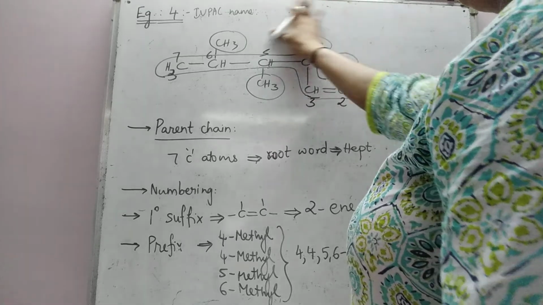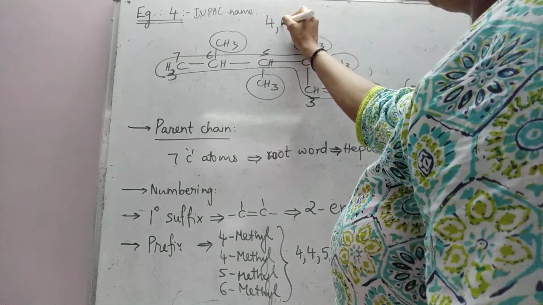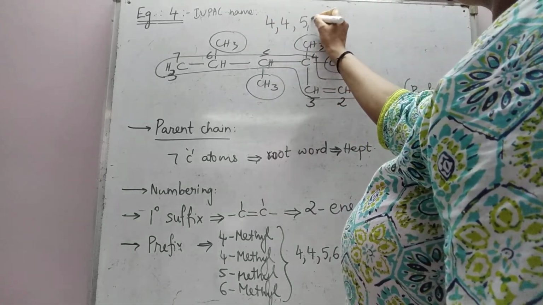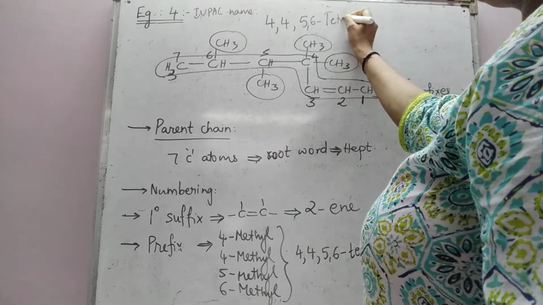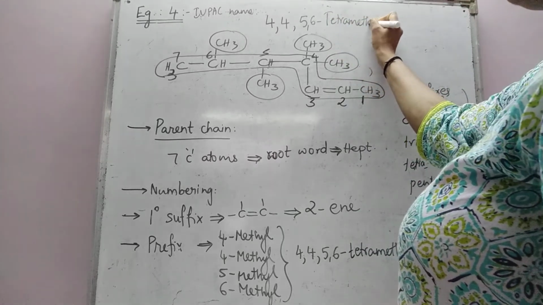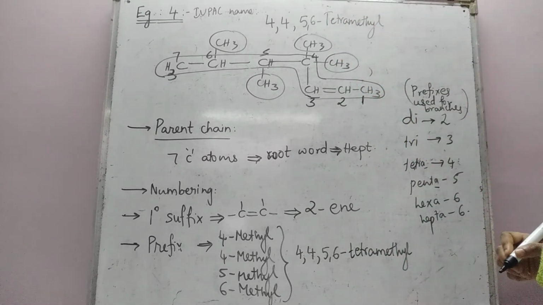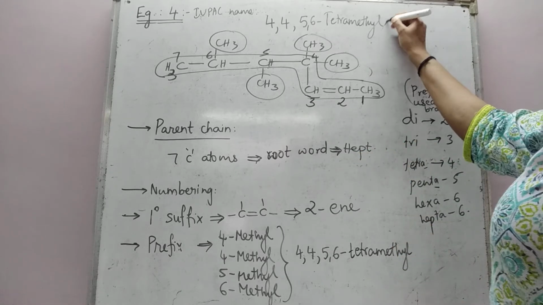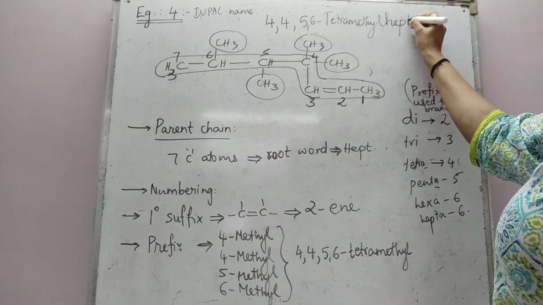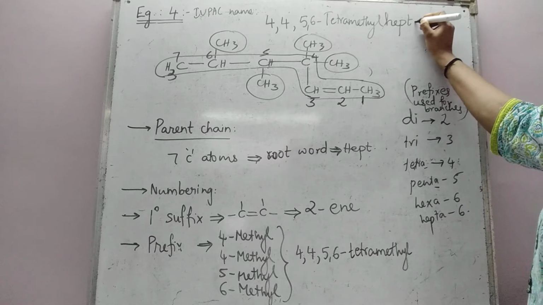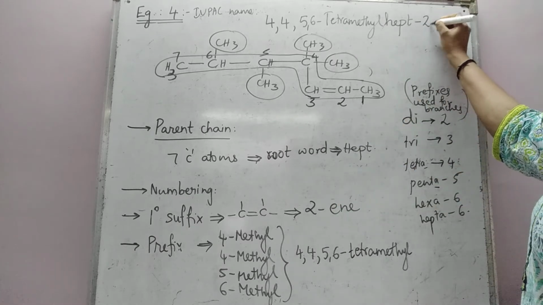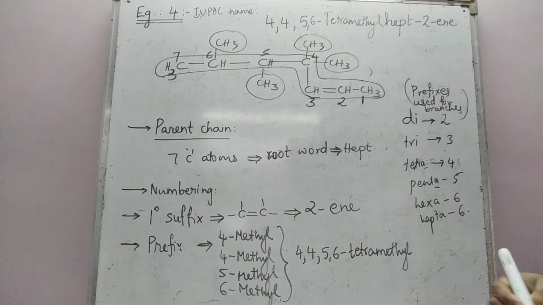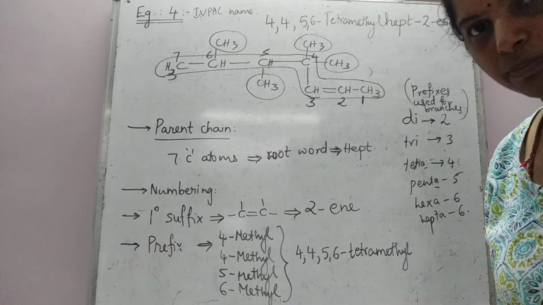I will write it slightly down and also big. 4,4,5,6-tetramethyl. What is the root word? Root word is hept-2-ene. So this will become the IUPAC name of this compound.